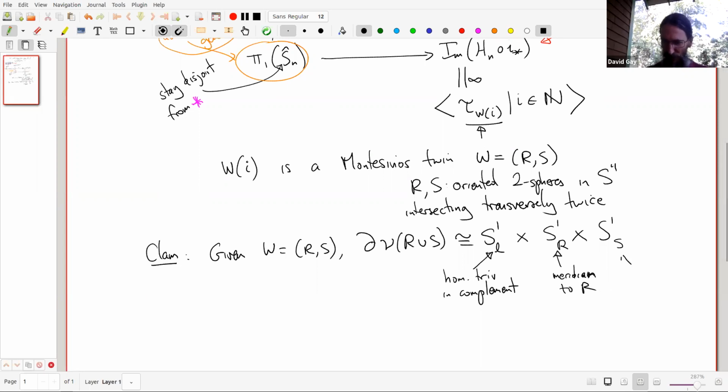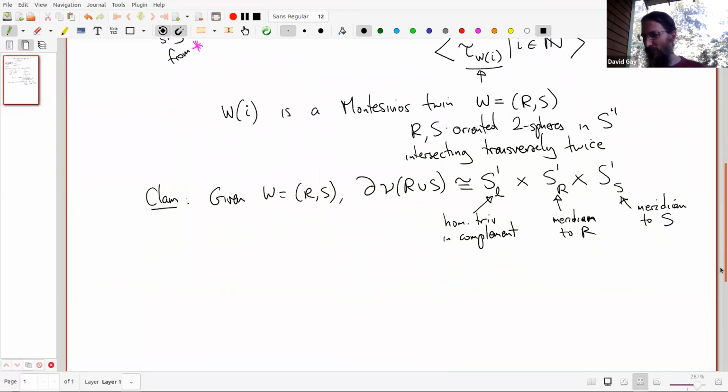And this factor is a meridian to S. And I claim that when R and S are oriented, then there's a canonical parameterization up to isotopy, and this parameterization is well defined with its orientations.